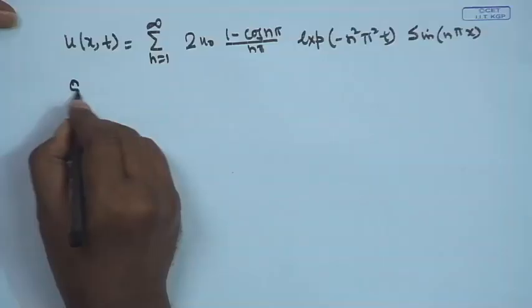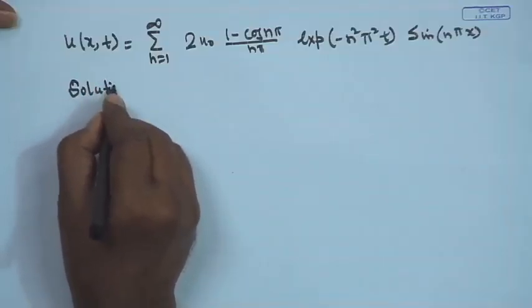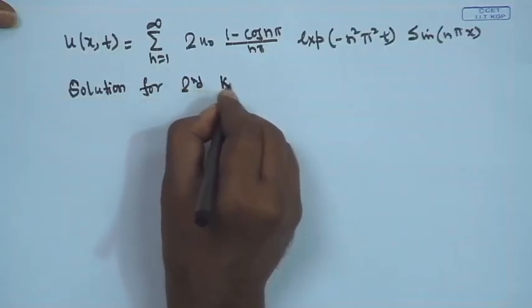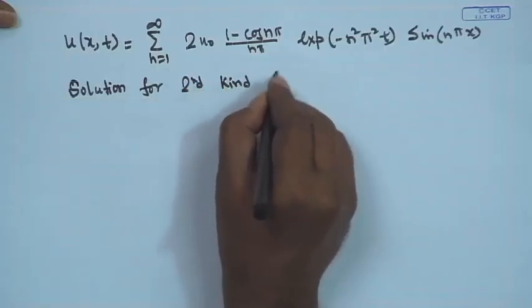Now, let us look into the solution of the parabolic partial differential equation of the second kind. Solution for the second kind problem.